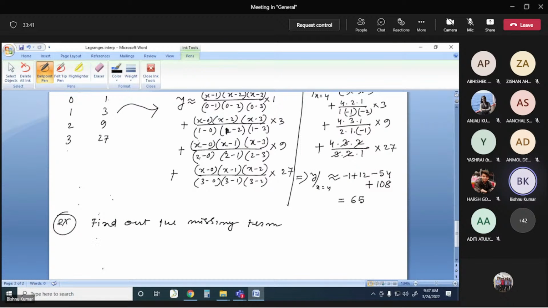You are seeing these x values are equally spaced: x is 0, 1, 2, 3, and y is 1, 3, 9 and 27, and at 4, that is the query point.